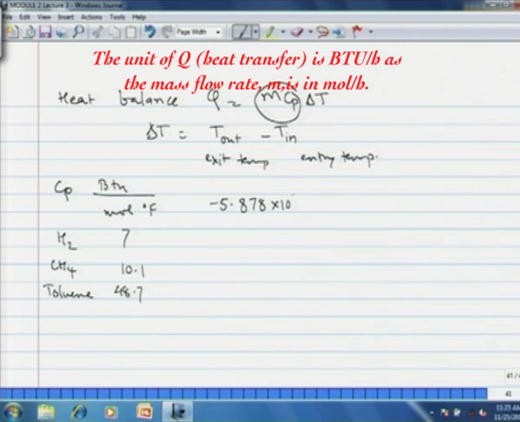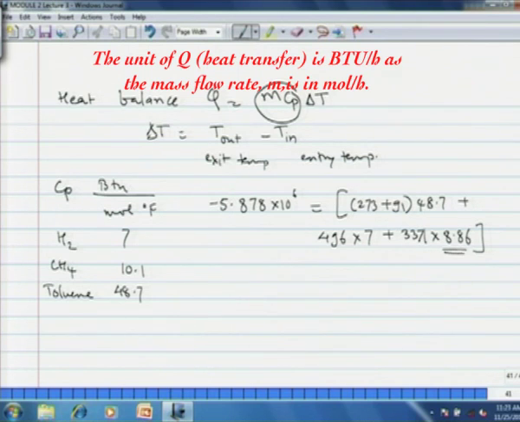Okay. Now, with this we can quickly write a heat balance: minus 5.878 into 10 to the power 6 is equal to 273 plus 91 into 48.7 plus 496 into 7 plus 3371 into 8.86. Okay.